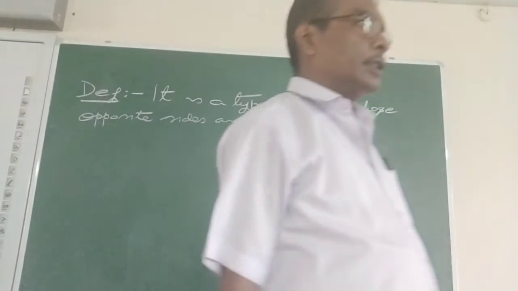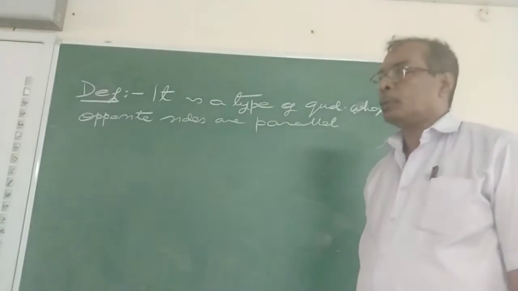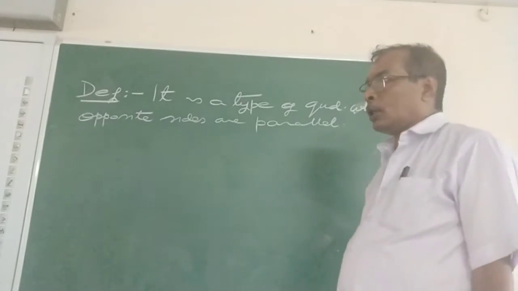Only this much is the definition. A quadrilateral whose opposite sides are parallel is known as a parallelogram.